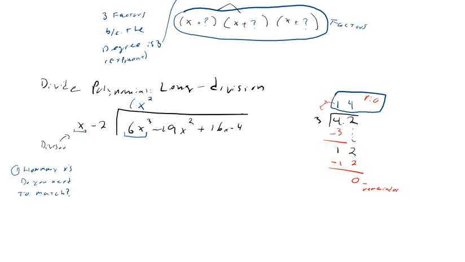If I multiply 6x squared times this 1x here, it will match exactly, because I want to get rid of it, just like we did before. I want to get rid of the whole thing. So 6x squared times this makes 6x cubed.